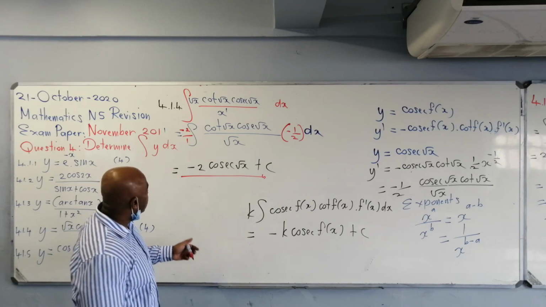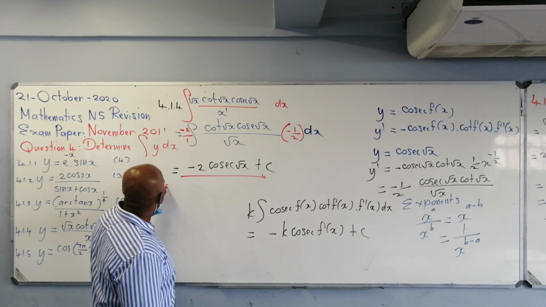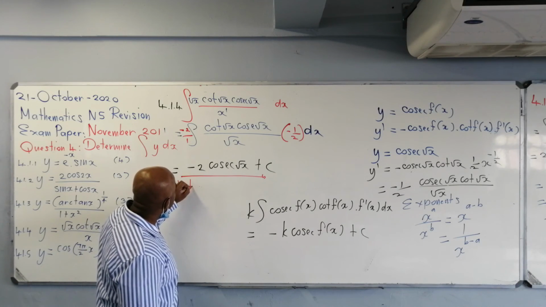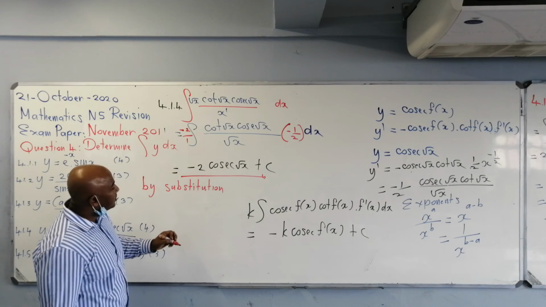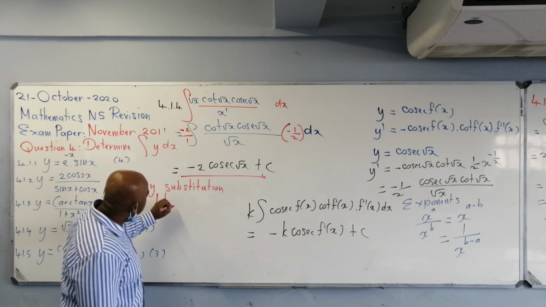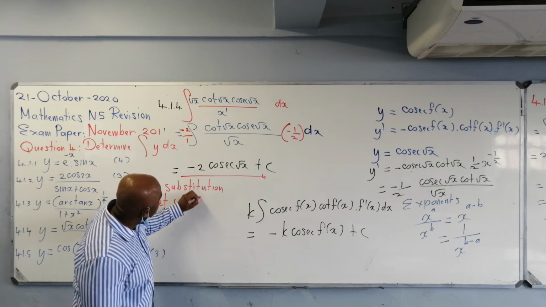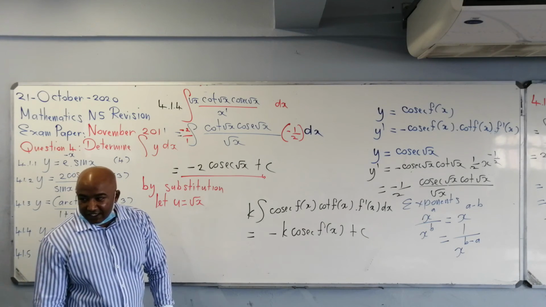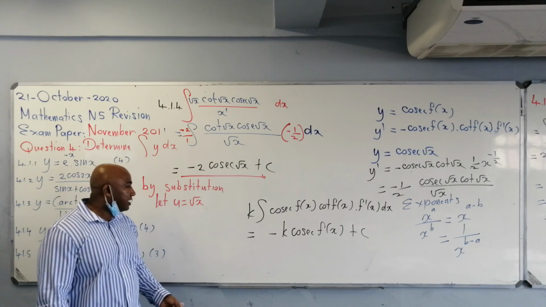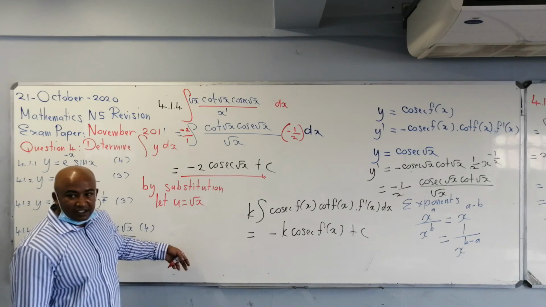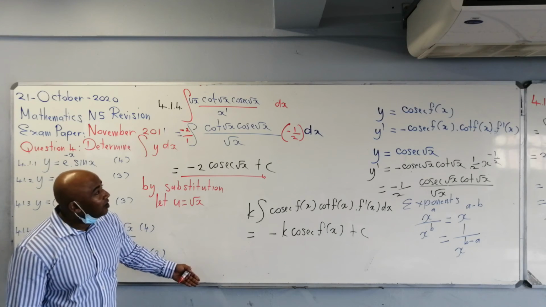Now, by substitution, what you're going to do here is you can let u equal to square root x. You can try that on your own. You let u equal to square root x, find du over dx, make dx the subject of the formula.